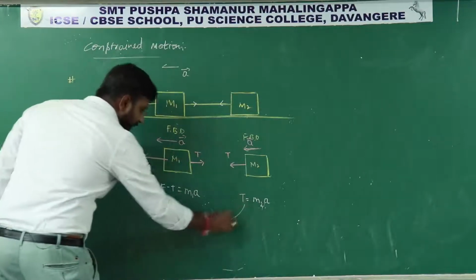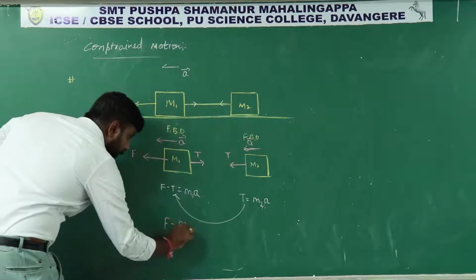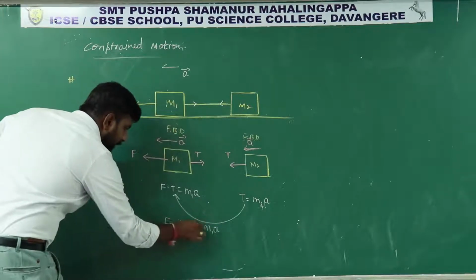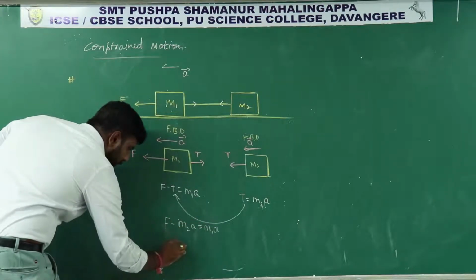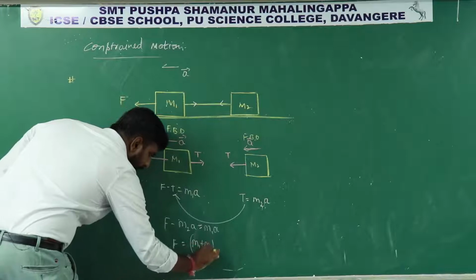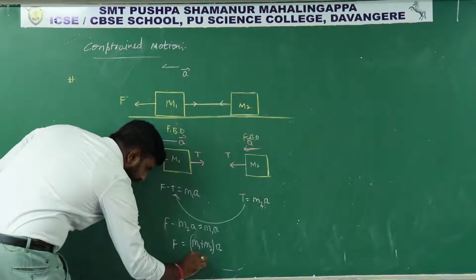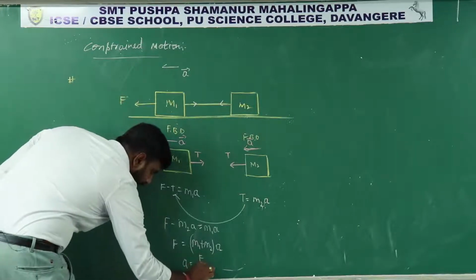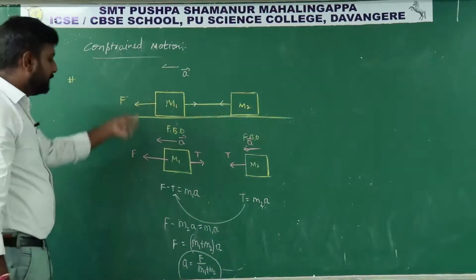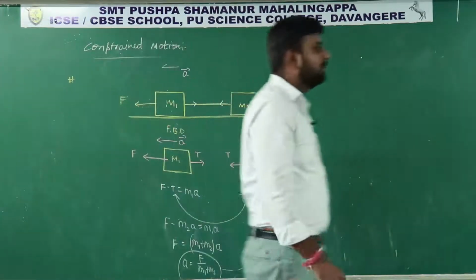Then T value you shift here, F minus m2a is equal to m1 into a, or F is equal to, you can write it as (m1 plus m2) into a. Then a value, we came to know that F divided by (m1 plus m2). So this is the acceleration of the system, F divided by (m1 plus m2).